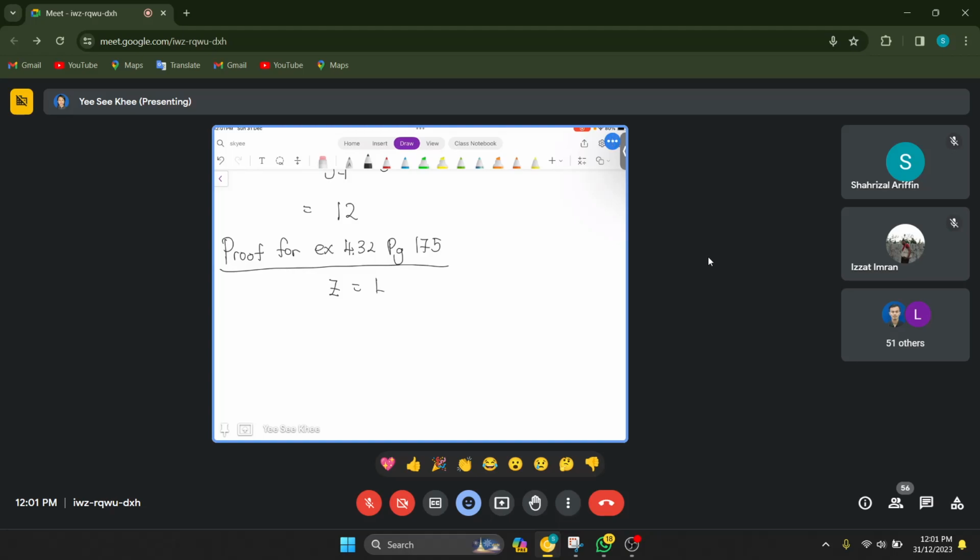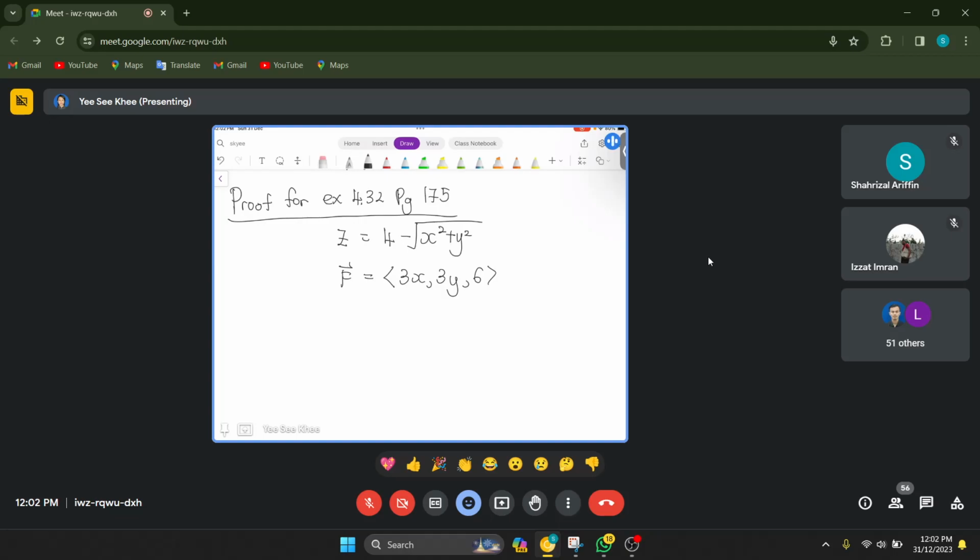You have a cone, then you have the F. We want to find the flux of water coming out from the cone, so we want to apply the divergence theorem.